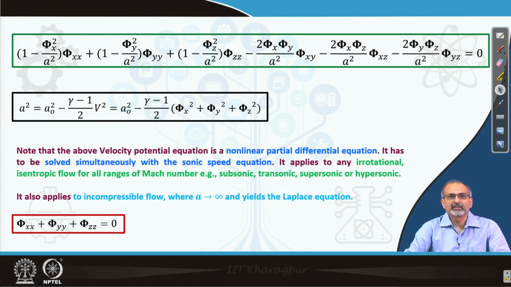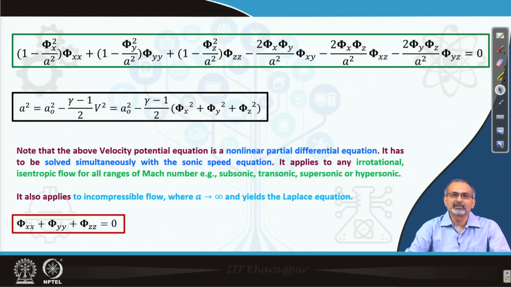Therefore, they have to be solved in a coupled manner, and this equation in phi applies to any irrotational isentropic flow for all ranges of Mach number, and that is very interesting. It covers the supersonic to hypersonic regime that we are talking about in this course.